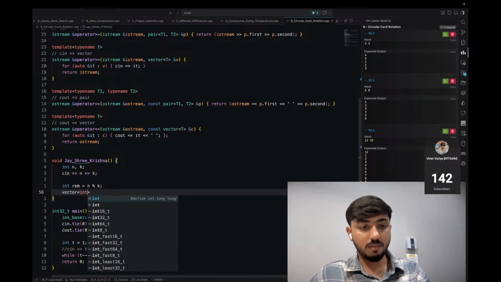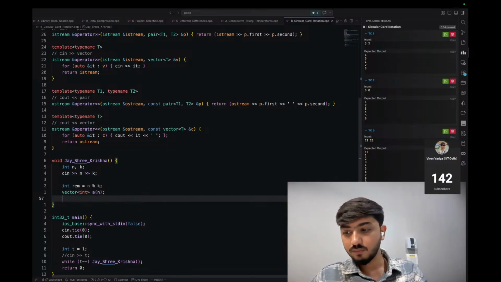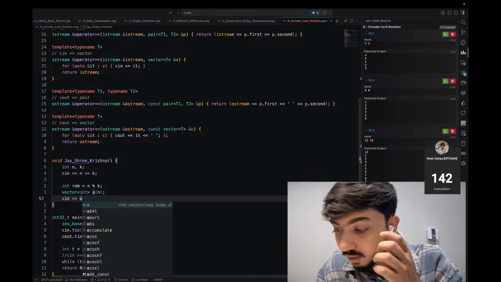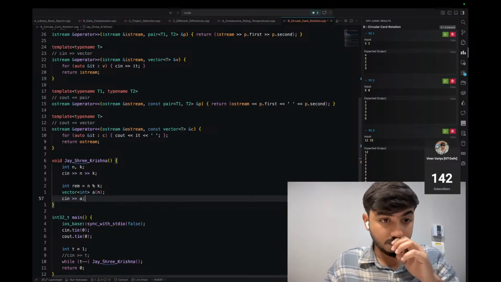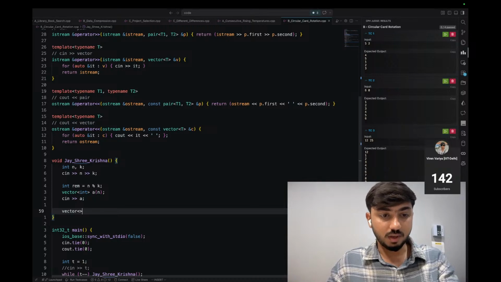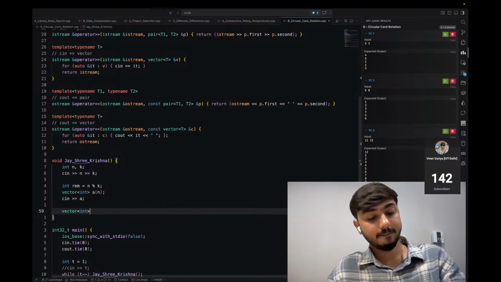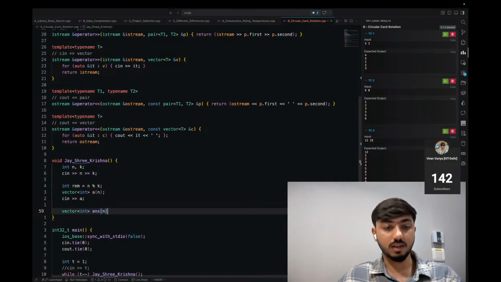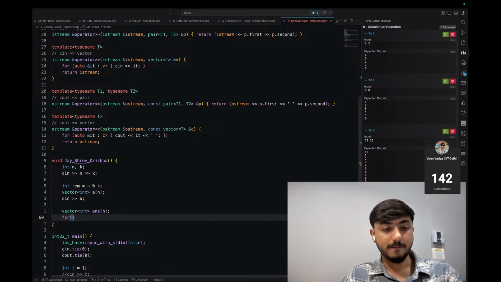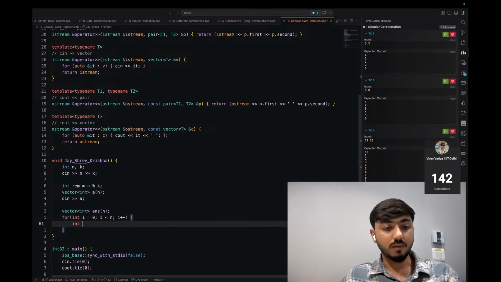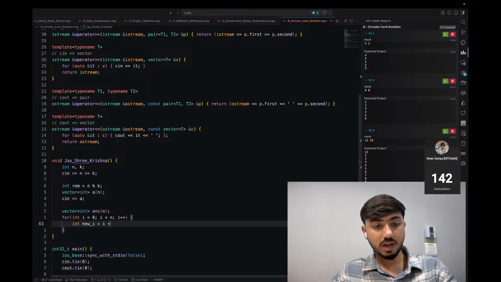Let me take the input first. Visible, right? Let me put it this way. Say answer. So what will be the new index? New i is equal to i plus remainder.